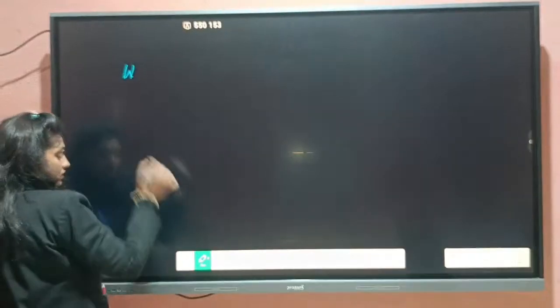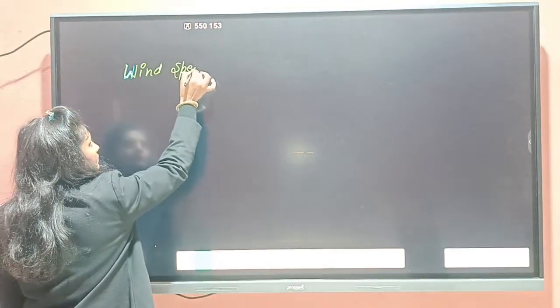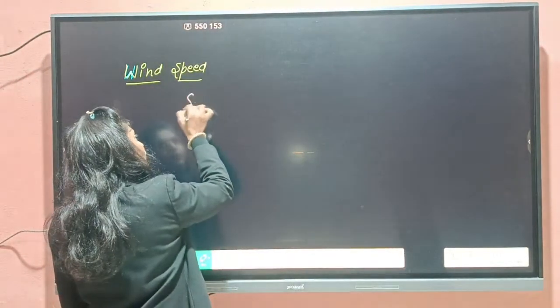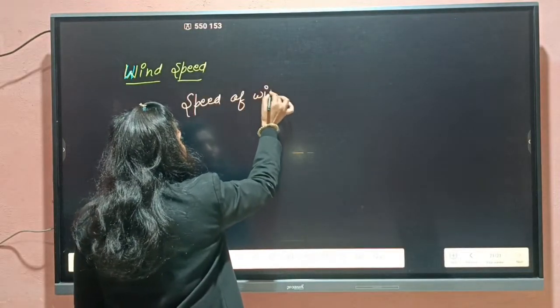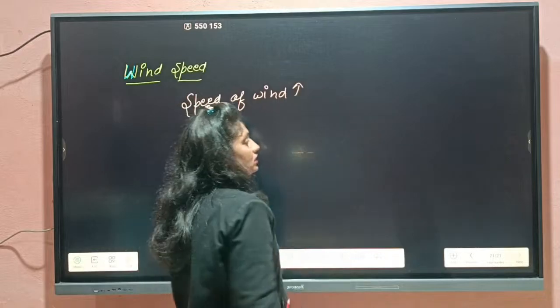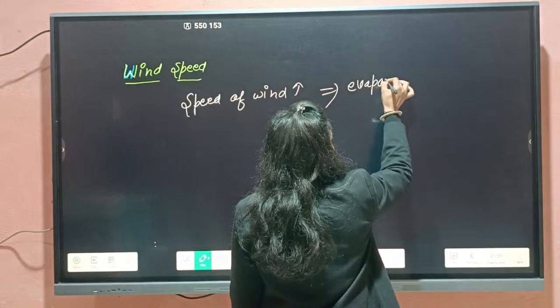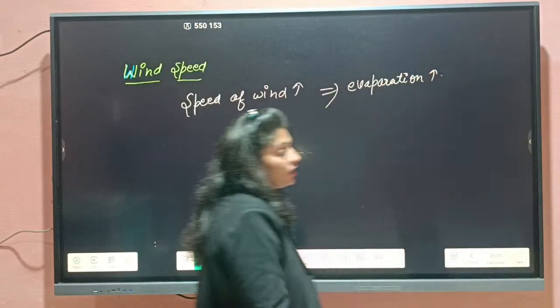Our third factor is wind speed. Students, if the speed of wind increases, then also evaporation increases. Why is it?